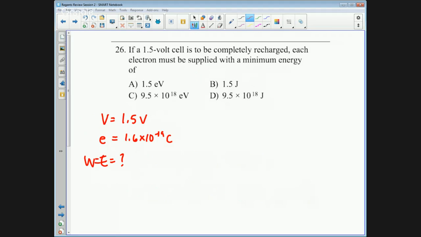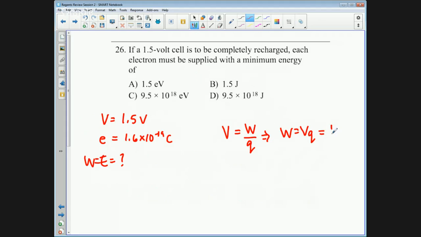Okay, back to our reference table. On our reference table, we have voltage equals work over charge. Okay, so we're solving for work or energy, so we're going to do work equals potential difference or voltage times charge.